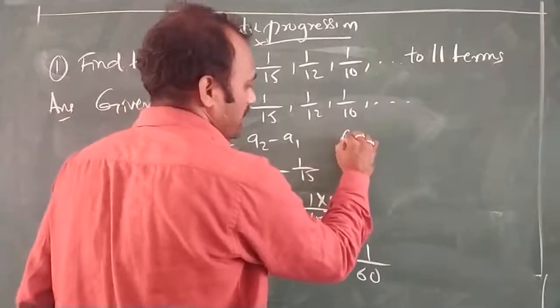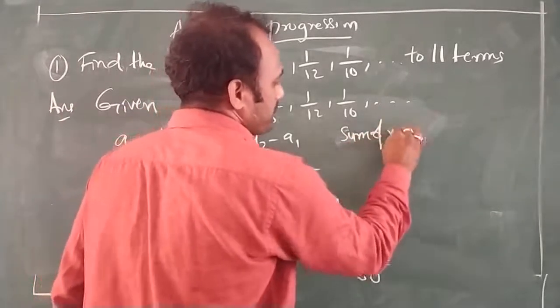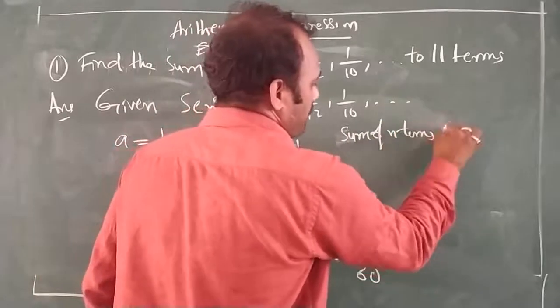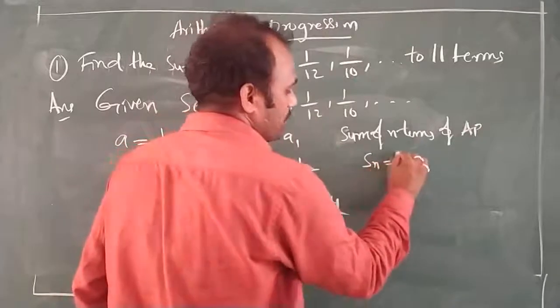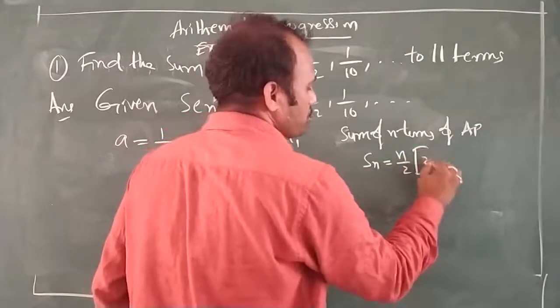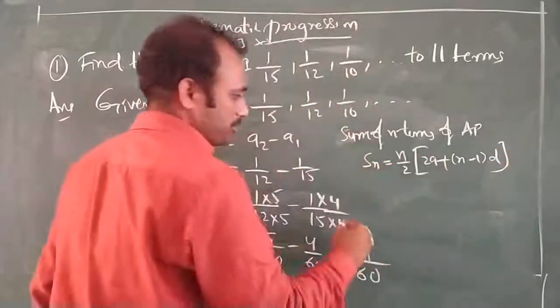Now we know the sum of n terms of AP. What is the formula? S_n is equal to n by 2 into (2a plus (n minus 1) into d).